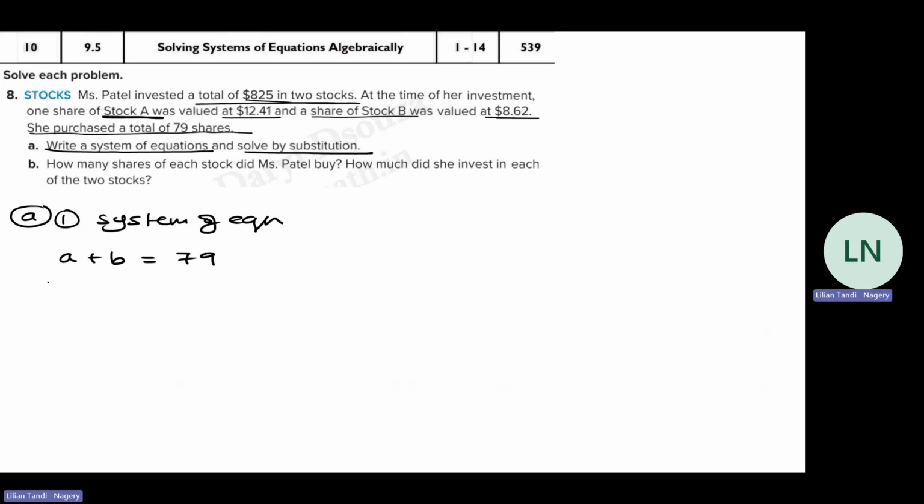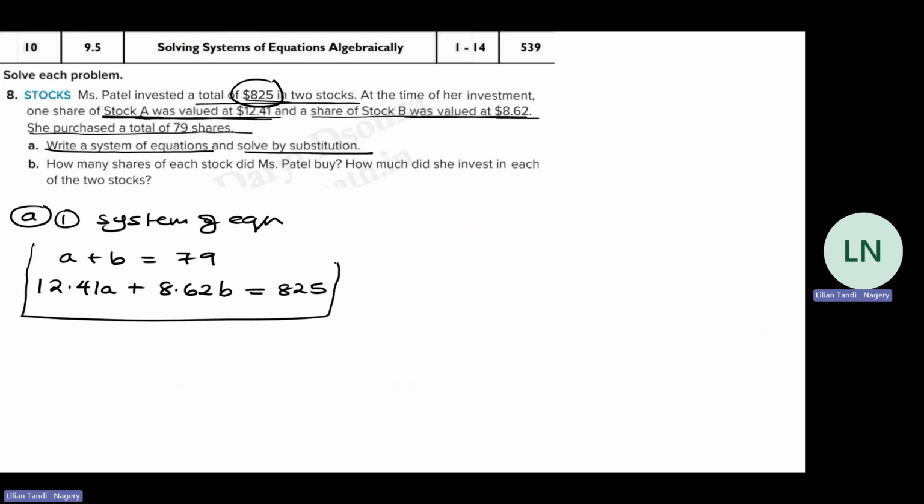Then the next one will be 12.41A, because it says here stock A was valued at 12.41, plus 8.62 for stock B. And how much did she spend? 825. So here is my system of equations.